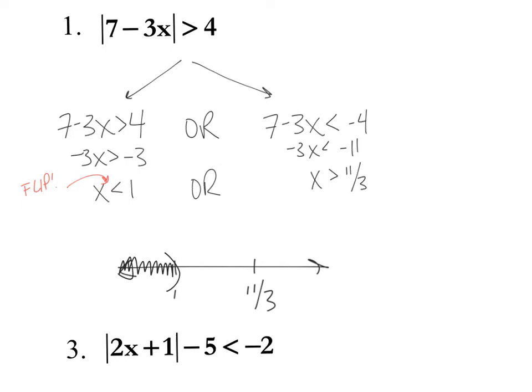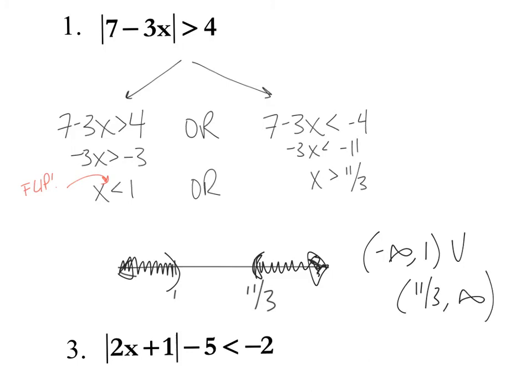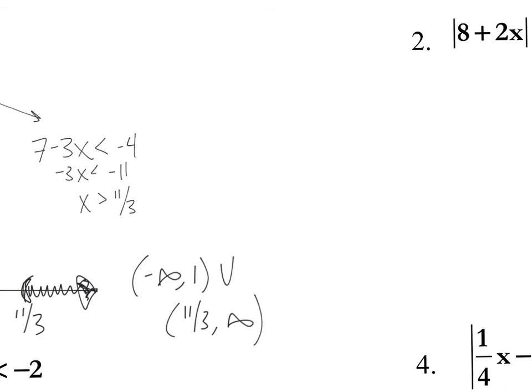And I am shading everything to the right of 11/3, or greater than 11/3. So parentheses on both. My interval notation is -infinity to 1 and 11/3 to infinity. Okay, so this is a greater problem, which means we have two sections of the number line, two different answers, and we have a union using infinity as our interval notation.